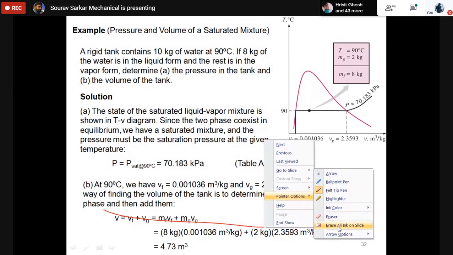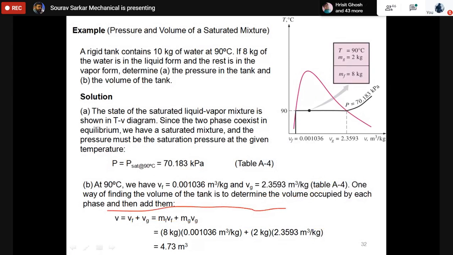I know the total volume, and if I multiply the liquid volume with the mass of the liquid and the vapor volume with the mass of the gas, I can find out the total volume. So this is the way I can find out anything what is happening in between.